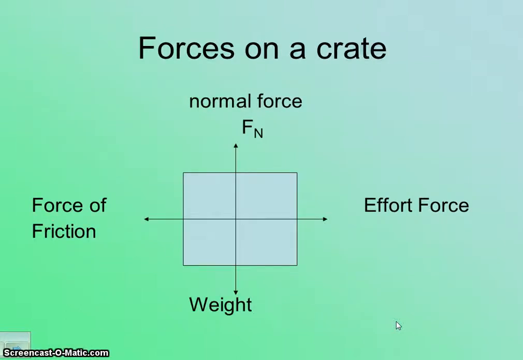Now, if you were to take a crate, and you can assume that there's a table. It's not just hanging there in the air. The weight of the object is going to be downward. This is what's called a force diagram. Some books will call it a free body diagram. You start at the middle of the object, and what you're basically going to do is show all the forces that you have on it.